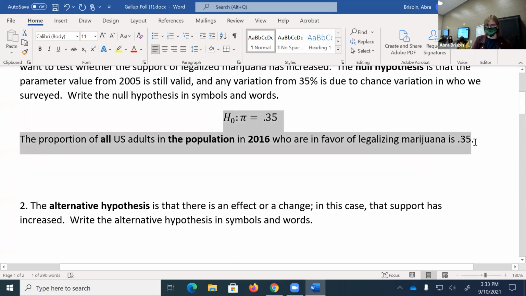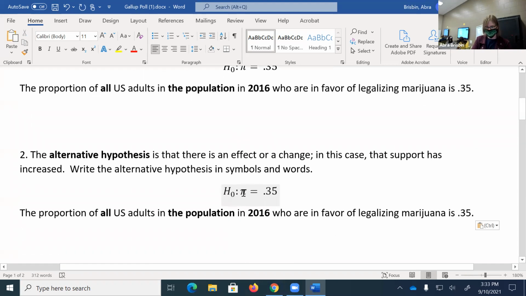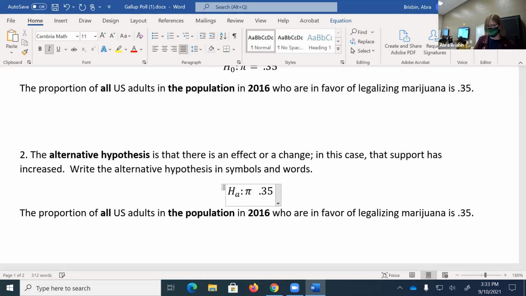All right. So then for our alternative hypothesis, we start with H sub A colon, and then we're using the same parameter, pi, and the same hypothesized value from the null hypothesis of 0.35. The only thing that's going to change is the symbol that goes between them.